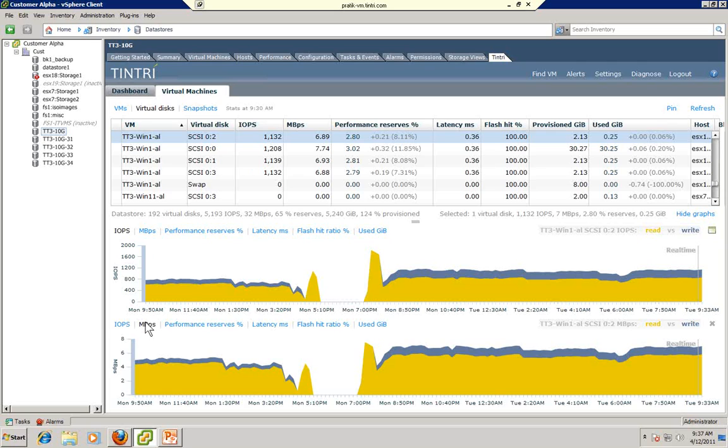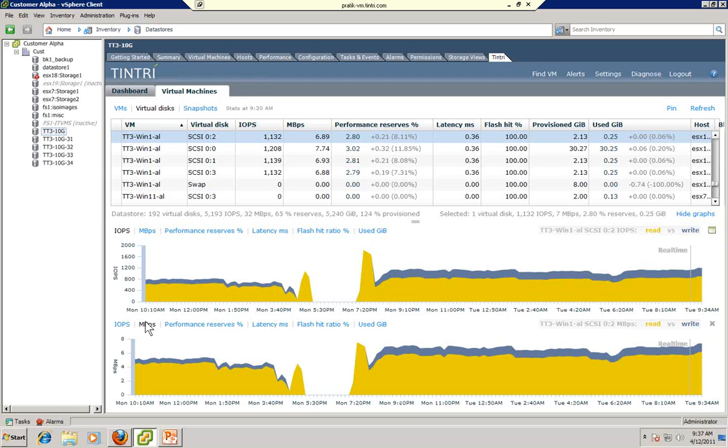So the approach, this is Kieran here, we've done a lot of very sophisticated things to deal with the efficiency issue. As you observed, Steve, Flash is expensive, so you can't afford to have everything sitting in Flash, but it is performant. So we expand the logical size of Flash that you're using by doing inline compression and inline deduplication.